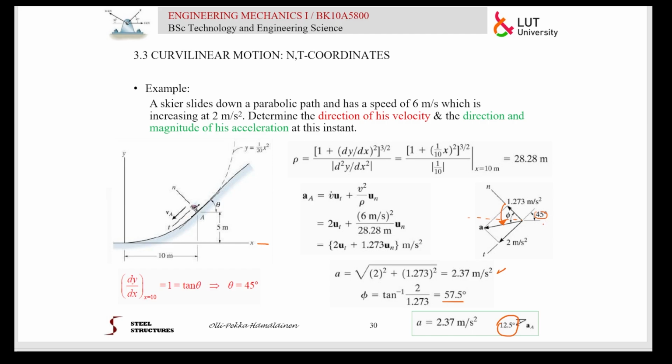I hope that makes sense. That's why when it's represented here, the acceleration is pointing downwards 12.5 degrees, this one here. And definitely the direction of the velocity is 45 degrees downwards, and the direction of the tangential component of the acceleration is also going to be this 45 degrees.